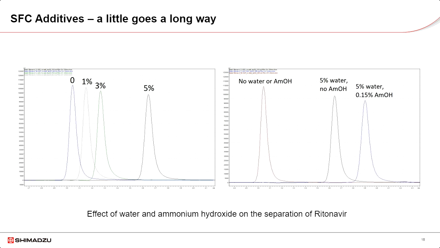Even at as little as 5%, we can see a great shift in the retention time. And likewise, on the right, we examine ritonavir separation without water and ammonium hydroxide, and then the addition of only 0.15% ammonium hydroxide can again shift that retention time later, giving us the ability to tune separations to suit our needs and to generate retention with the use of these additives.